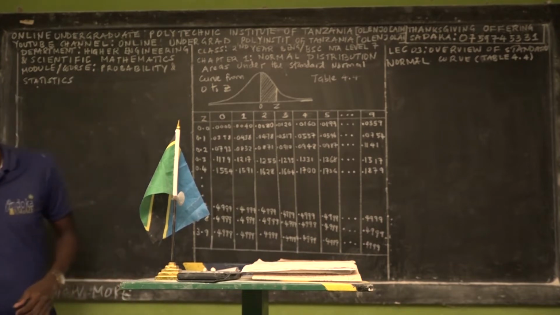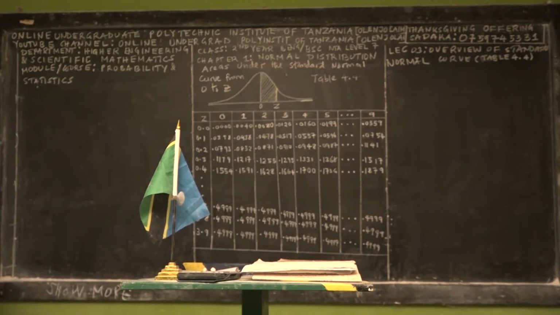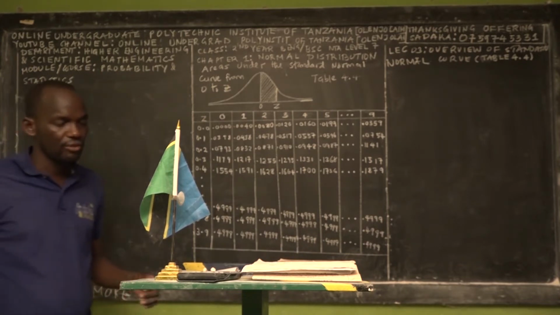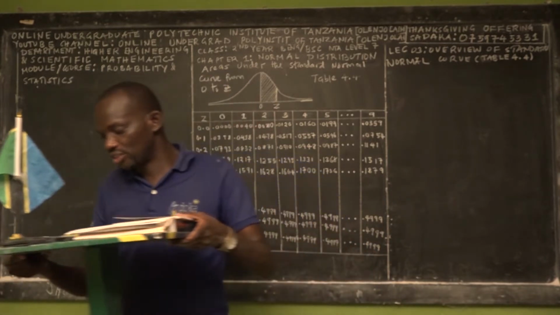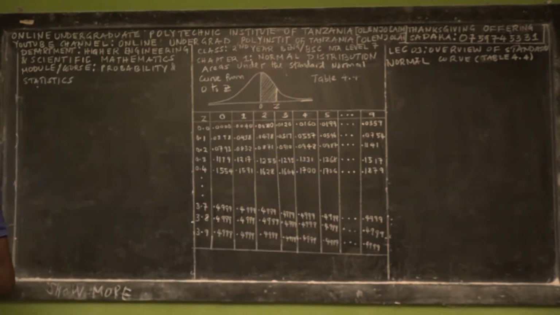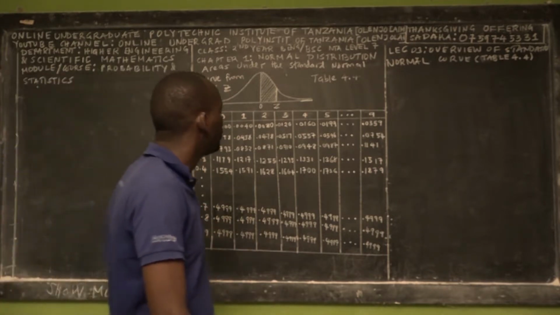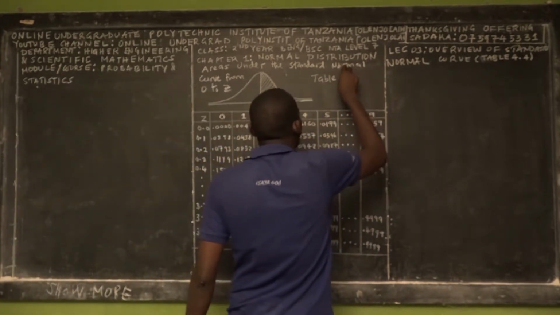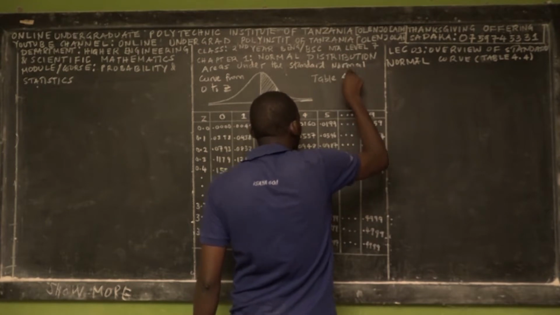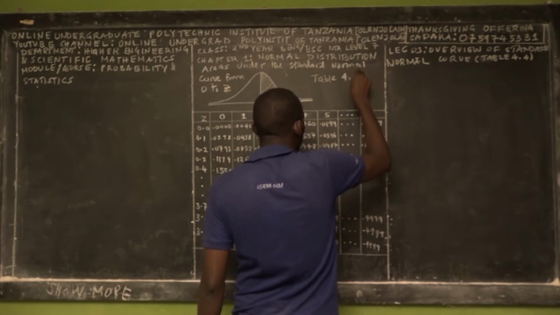I'd also like to stress that this is a continuation of Lecture 2, in which I taught you two cases in which you can use Table 4.4 to find areas under the normal curve.